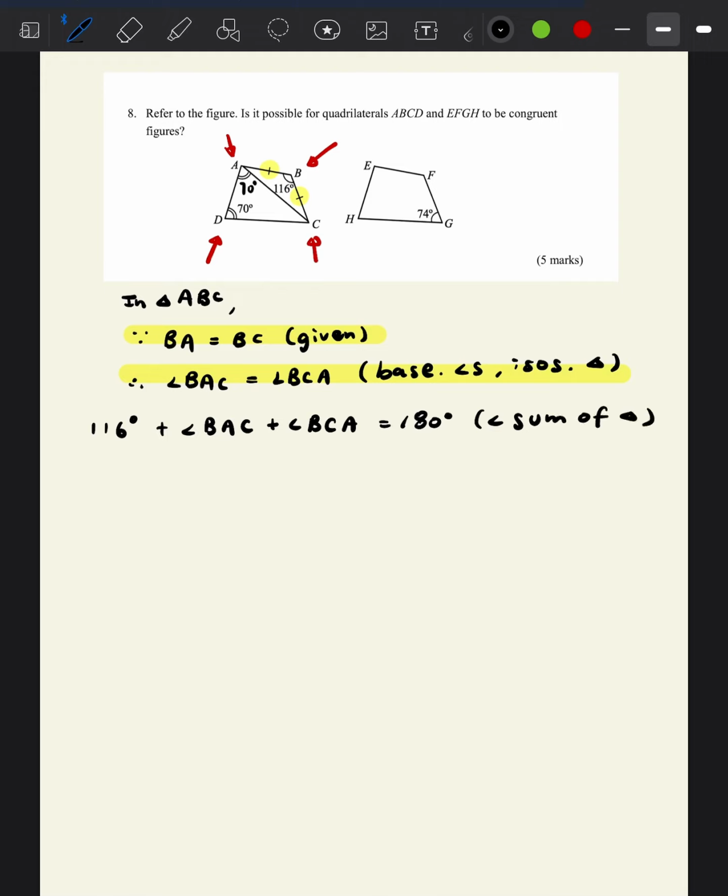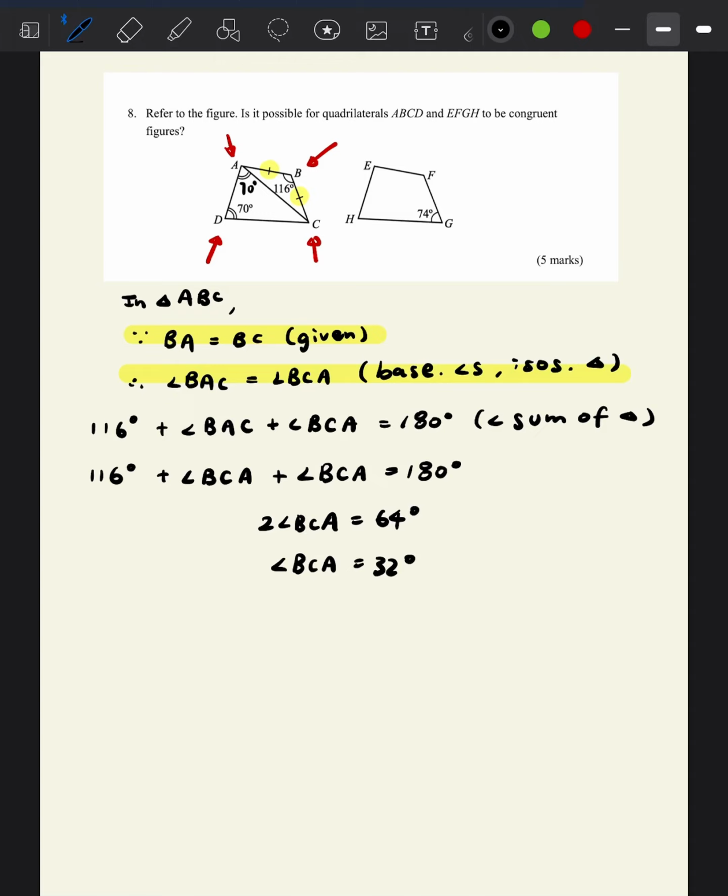Angle sum of triangle. Because you said BCA is equal to BAC, it doesn't really matter, you can just write in terms of either one of those. Then you have 2 of those equal. So put your 116 into the other side. You get 64, and therefore angle BCA is 32 degrees.